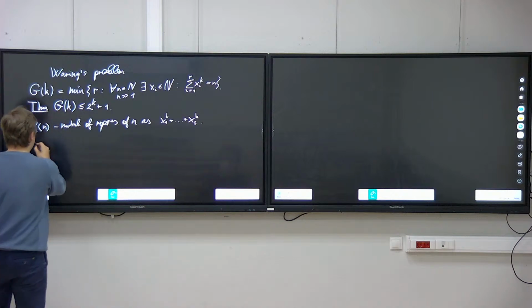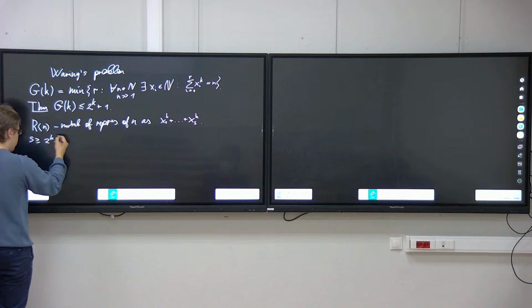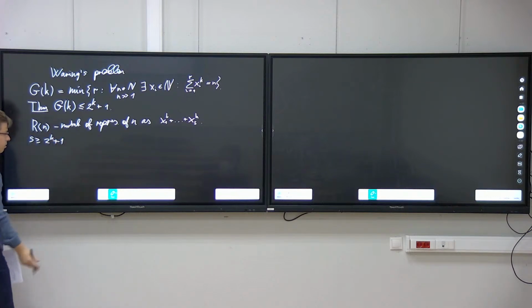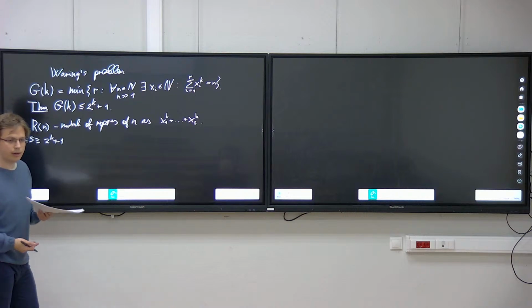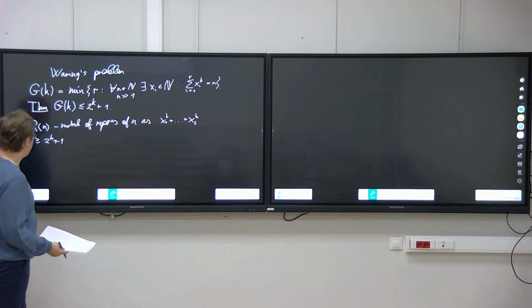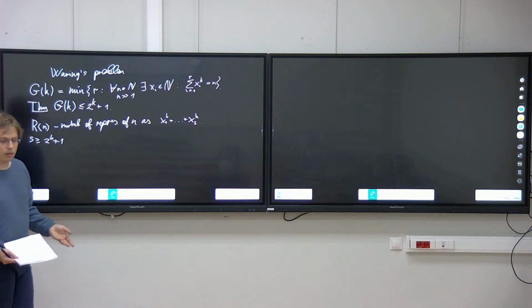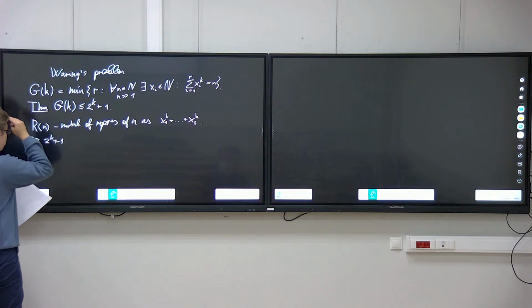For s greater than or equal to 2 to the power k plus 1, we will find an asymptotic expression, and from it will be clear that this number of representations is non-zero for n large enough.